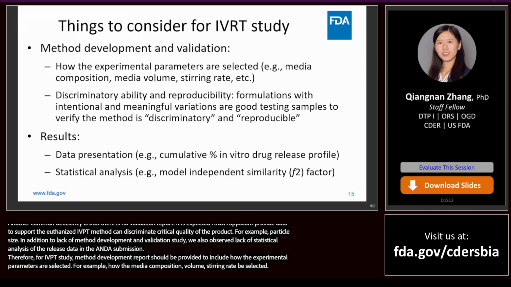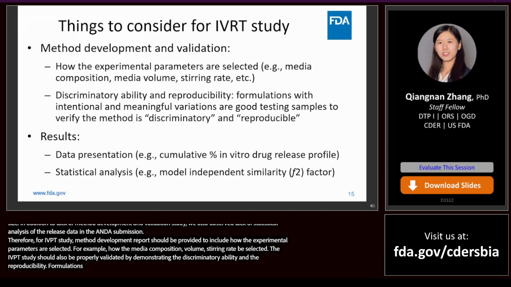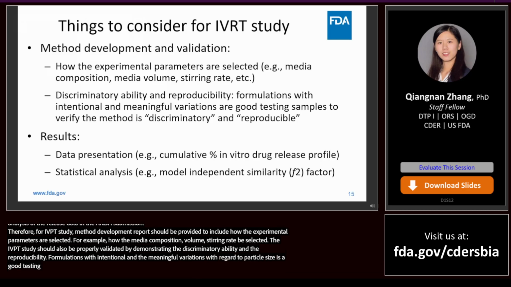For example, how the media composition, volume, and stirring rate were selected. The IVRT study should also be properly validated by demonstrating the discriminatory ability and reproducibility. Formulations with intentional and meaningful variations with regard to particle size are a good testing sample to verify the IVRT method is discriminatory.